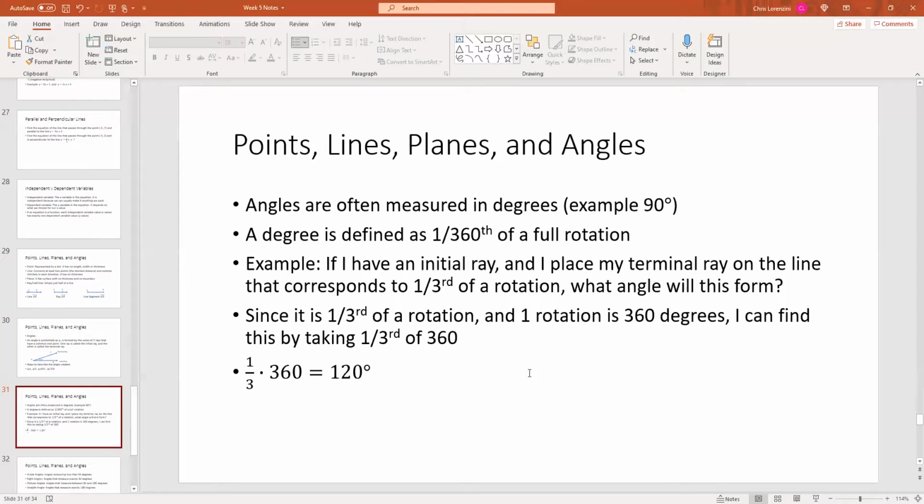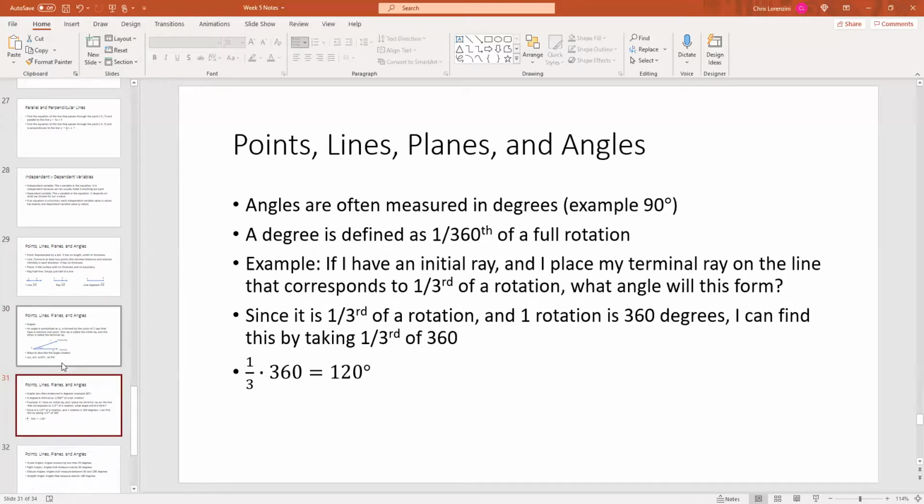So if I have an initial ray and I place my terminal ray on the line that corresponds to 1/3 of a rotation, I'm trying to figure out what that is in degrees. There are 360 degrees in one rotation. I'm only dealing with 1/3 of it. 1/3 times 360, that is a 120 degree angle.